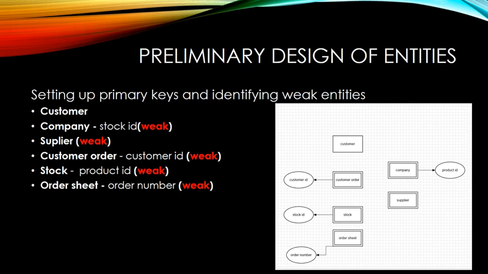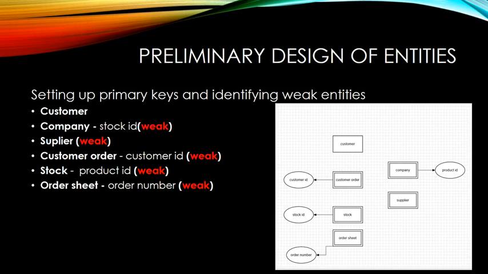From that, we were able to do a preliminary design using these entities, and we also found their primary keys, and identified whether they were weak entities or not. To start with, we have customer, who is the person who wants to buy, which we thought was a key entity to this project.